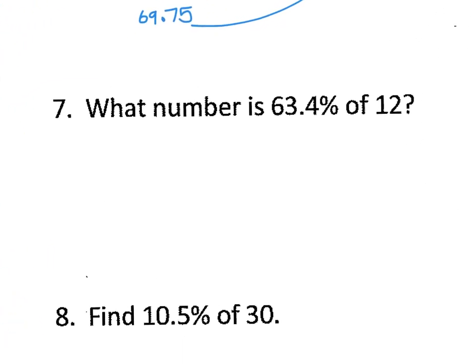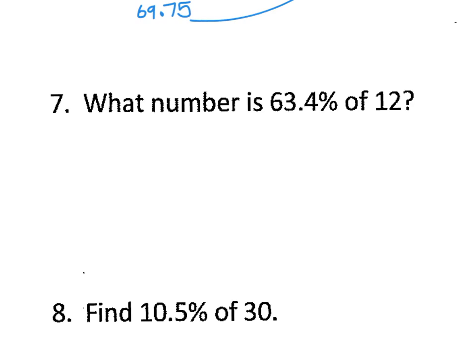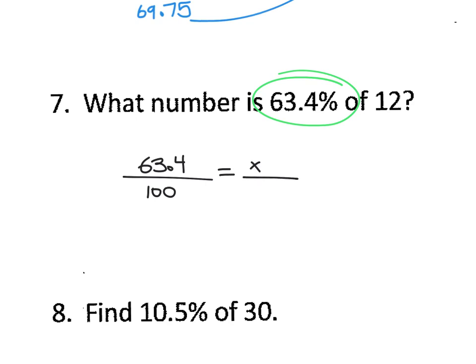Let's try 7. What number is 63.4% of 12? So they have given us a percent, and remember that our formula to set up our proportion is percent out of 100 equals is over of. So that's going to be 63.4%, which is the same as 63.4 out of 100, equals is over of 12.